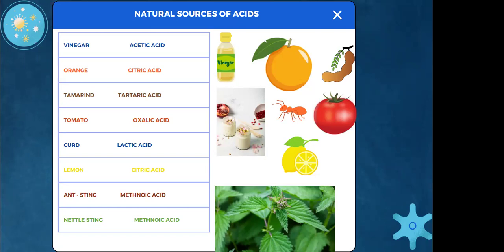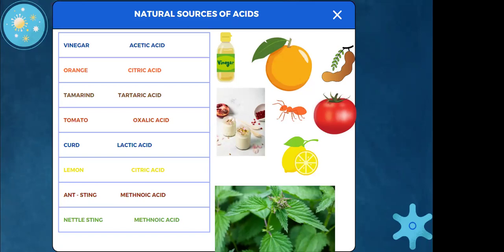Can I ask one thing: is vinegar a man-made thing or is it naturally obtained? How is vinegar obtained? A very common thing, we all use vinegar at home. Nowadays, apple cider vinegar is very famous.